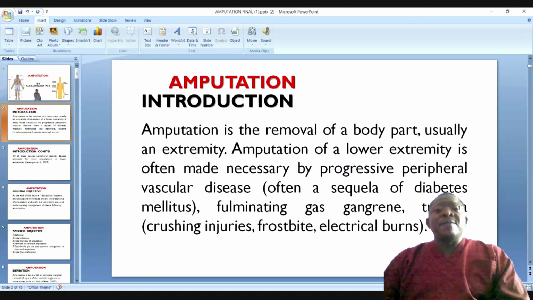Hence, to prevent the rest of the body from becoming necrotic or gangrenous, the decision of amputation may be made. Trauma is also one of the things that may bring about amputation. There can be crushing injuries that are irreparable by surgical means, and that will lead to amputation.